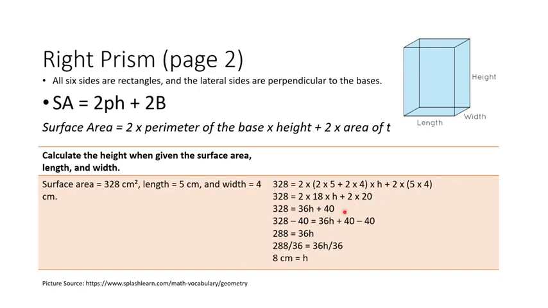Simplify some more, we get 328 equals 36h plus 40. Let's subtract 40 from both sides. We get 288 equals 36 times h. Let's divide both sides by 36. And our height is going to be 8 centimeters.